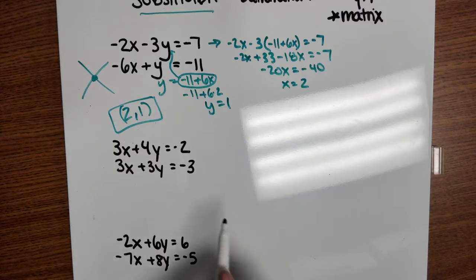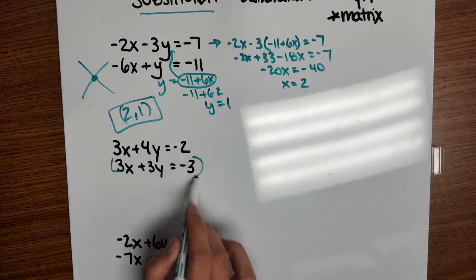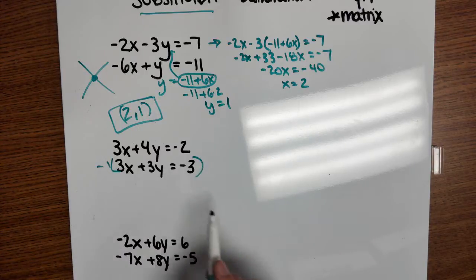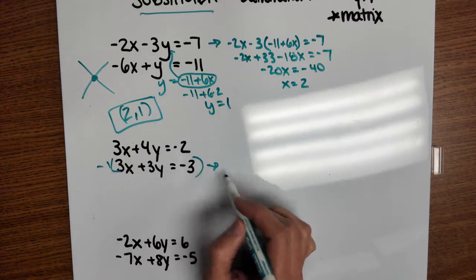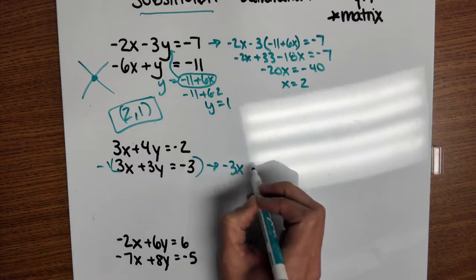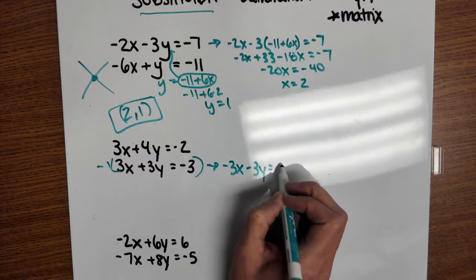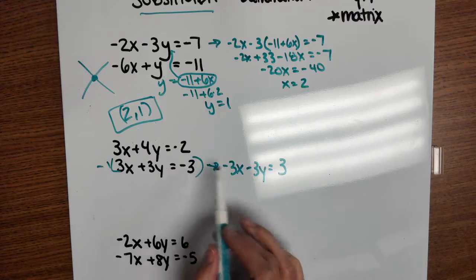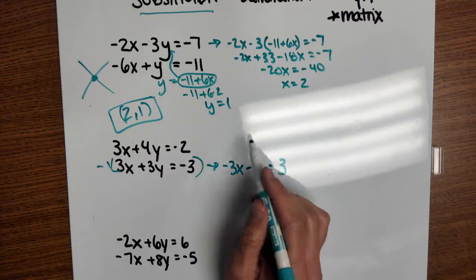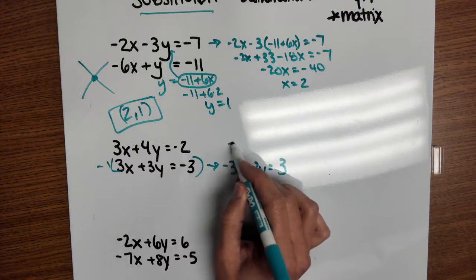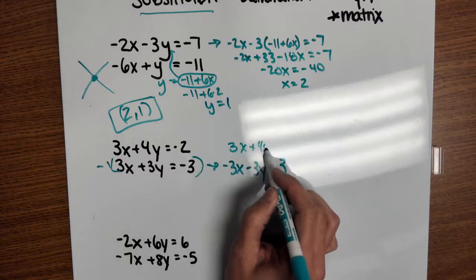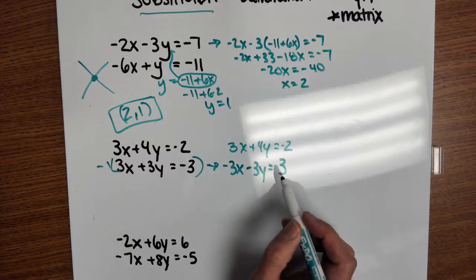In order to do that, we multiply everything by negative 1. If we do that to this second equation, we get negative 3x minus 3y is equal to 3. You have to remember to multiply through on the opposite end as well. I'm just going to bring over my first equation, equals negative 2.